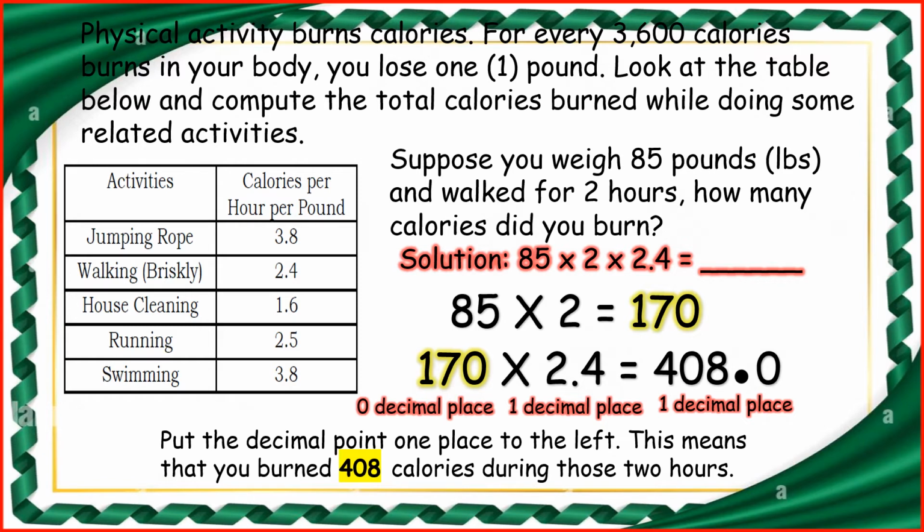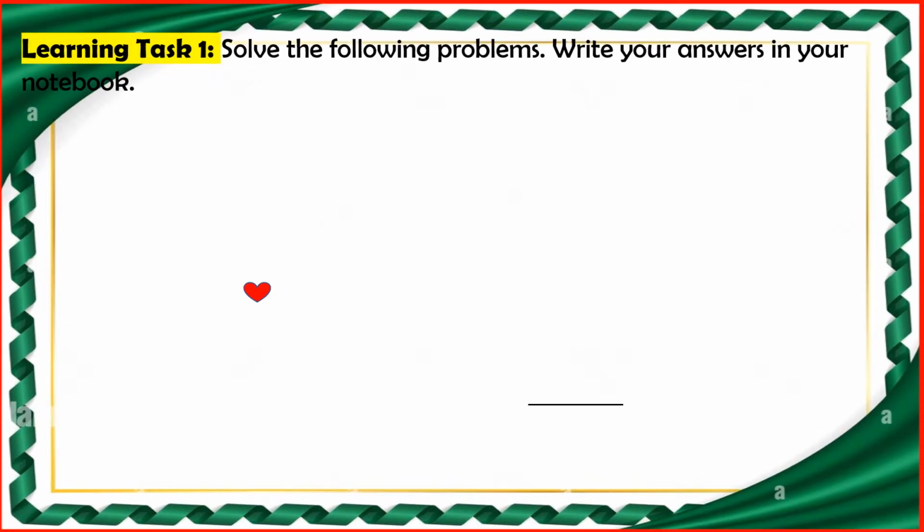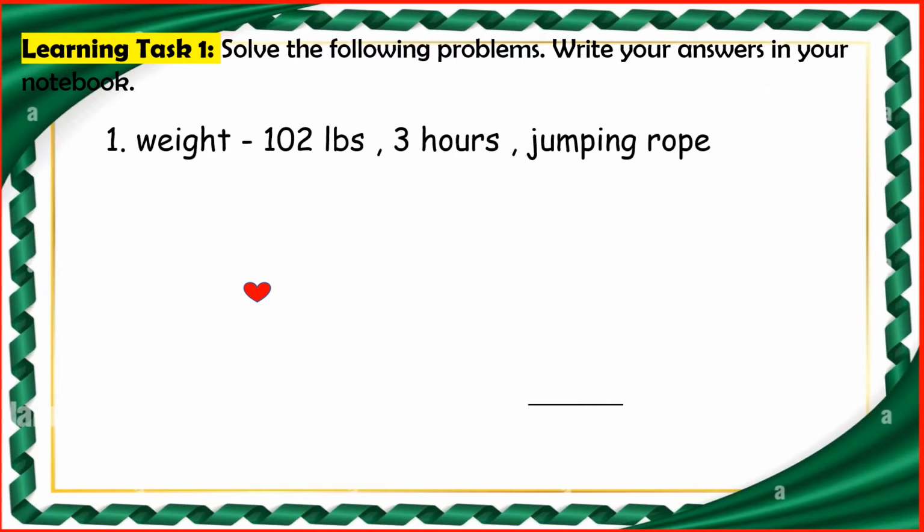So put the decimal point 1 place to the left, and this means that you burned 408 calories during those 2 hours. For learning task 1, solve the following problems. Write your answers in your notebook.